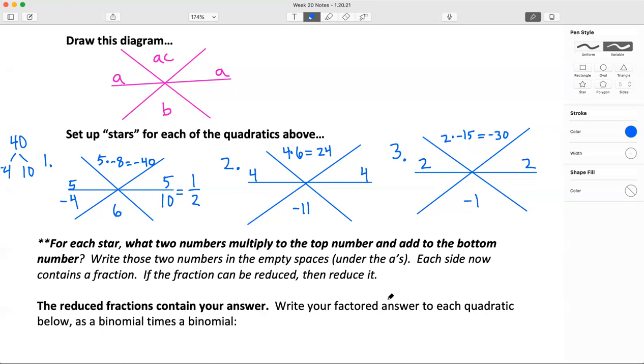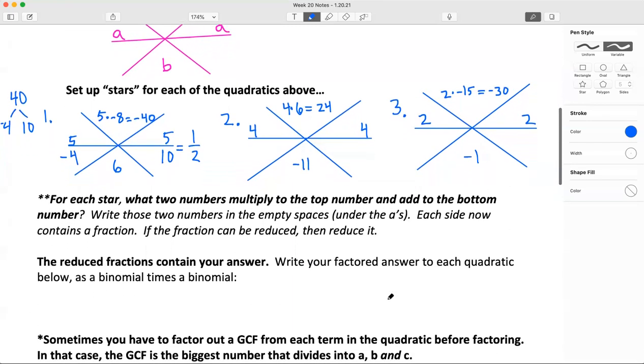You're going to write your answer to each quadratic below as a binomial times a binomial, and I'll show you how to do this for number 1. If you don't want to write all this, I would write this part. In fact, I want you to write this part right here. Very important. But if you don't necessarily want to write this, it's okay. Just copy this down. So the top number here, you're going to put an X after it, and then minus 4 like this.